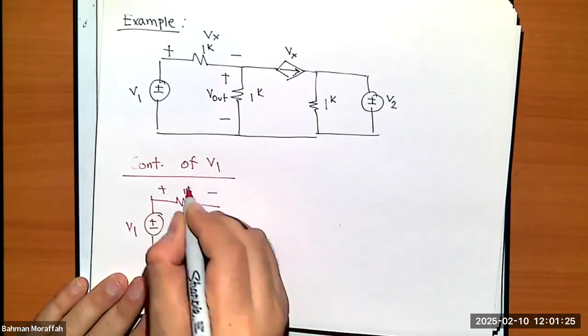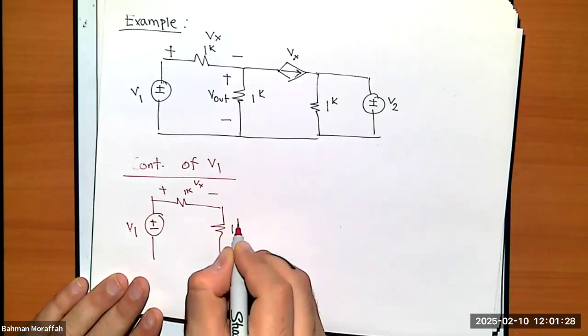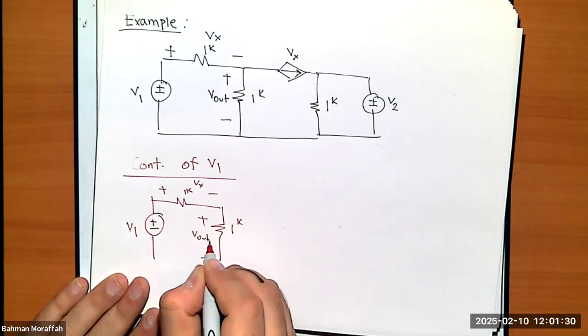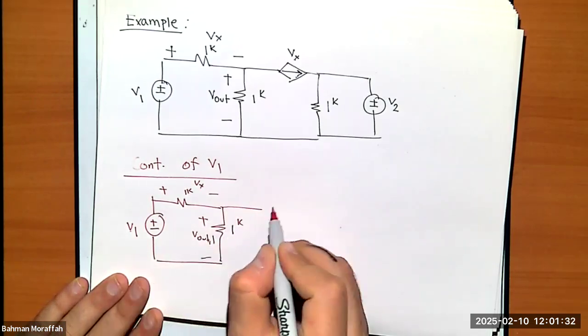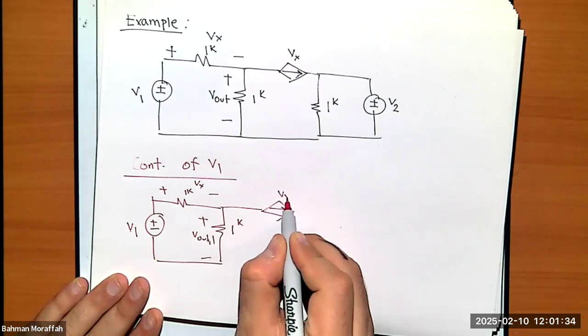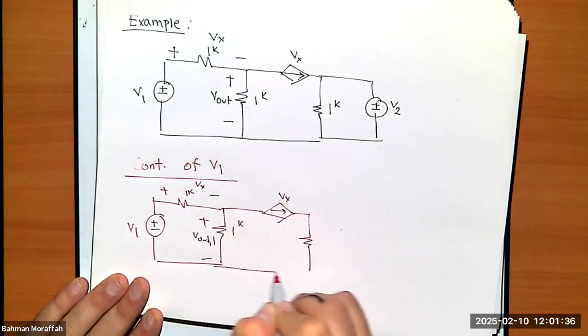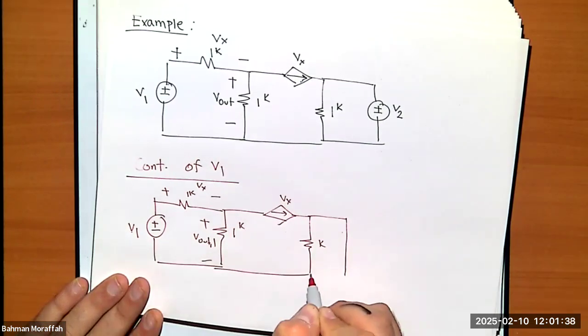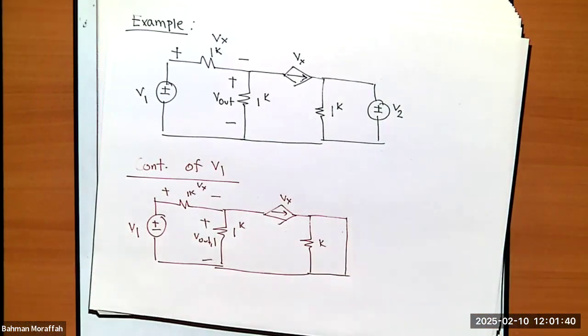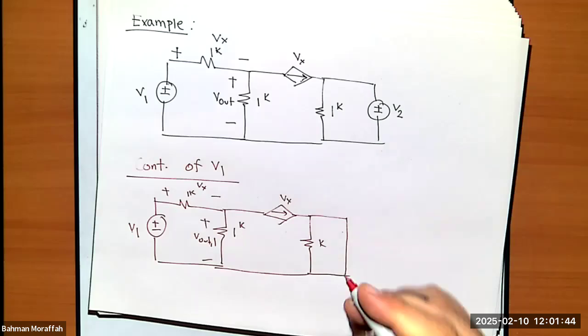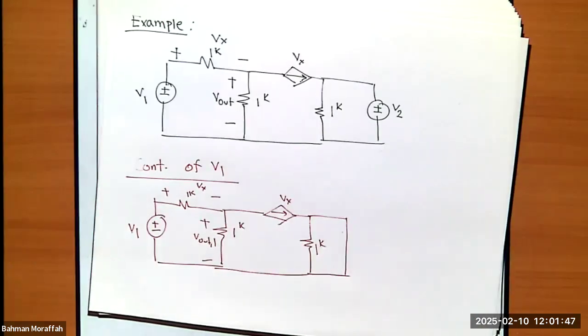This is 1K. This is still Vx. This is 1K. Let's just call it V out 1. I have this guy, which is Vx. I have a 1K, and I have to replace this by a wire. What's happening to this guy?